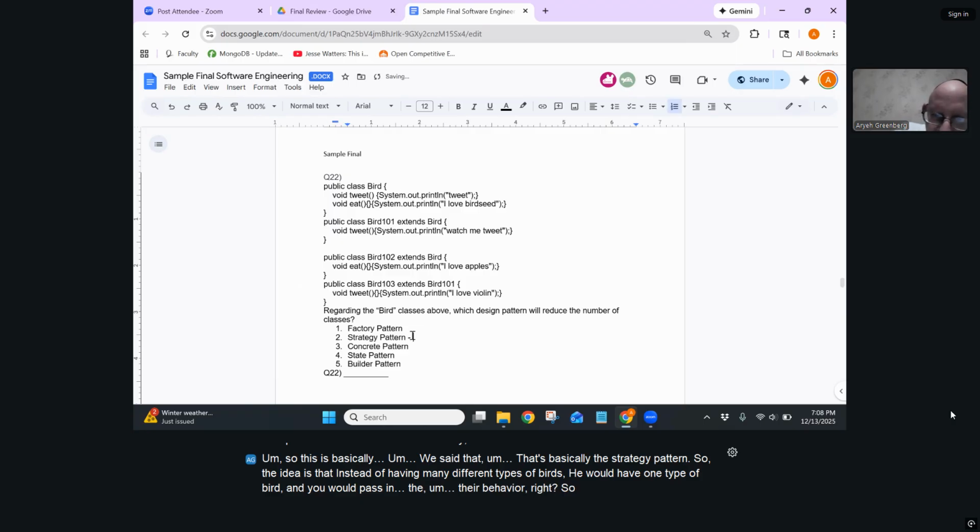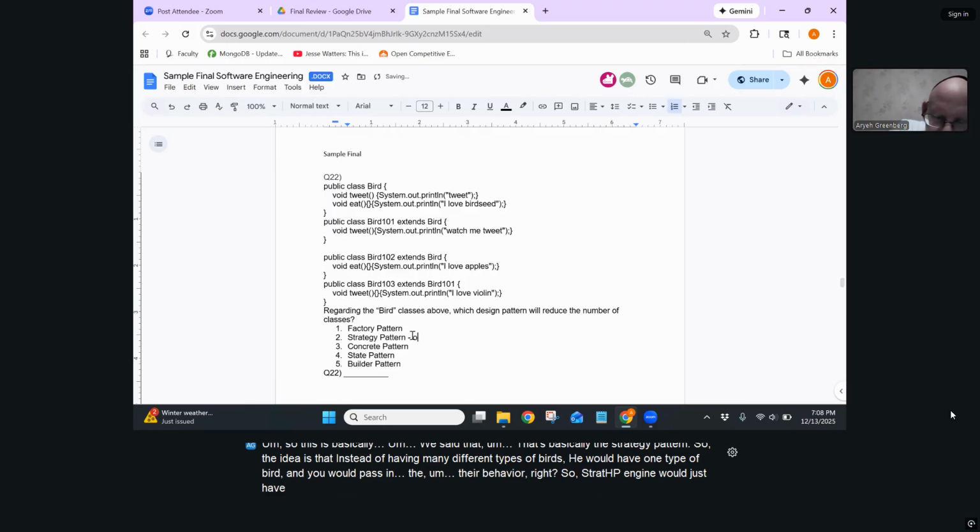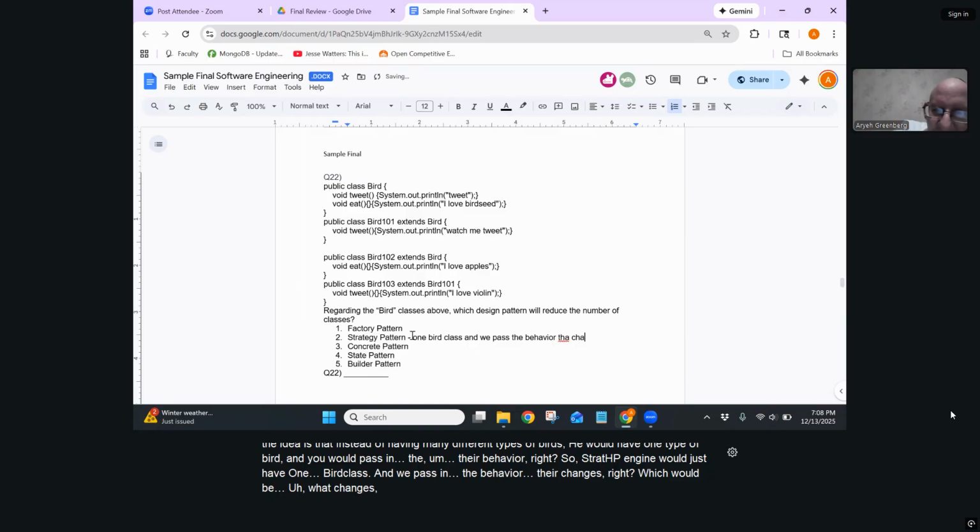So strategy pattern would just have one bird class and we pass in the behavior that changes, which would be the tweeting and the eating.